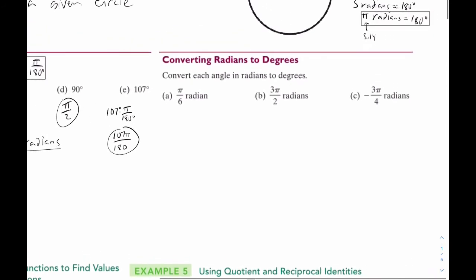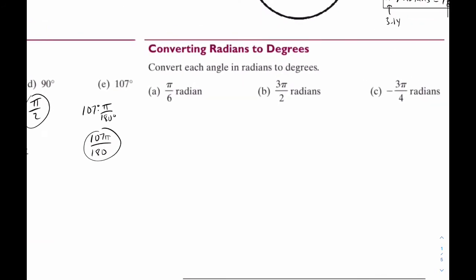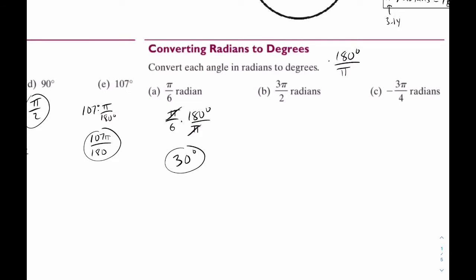Now let's go the other way, convert to degrees. So we just flip it, multiply by 180 degrees over pi. So pi over 6, we multiply by 180 degrees over pi. That cancels, left with 30 degrees. Note how I'm putting degrees here. You do need to put that. If you just put 30, that'll be 30 radians, and that will be wrong.